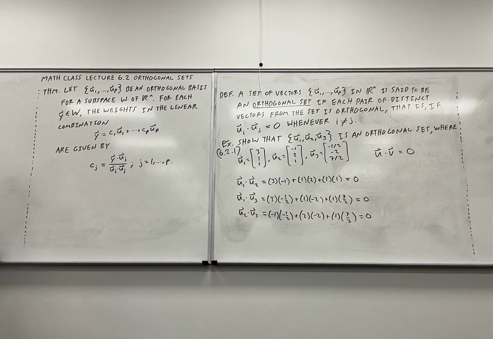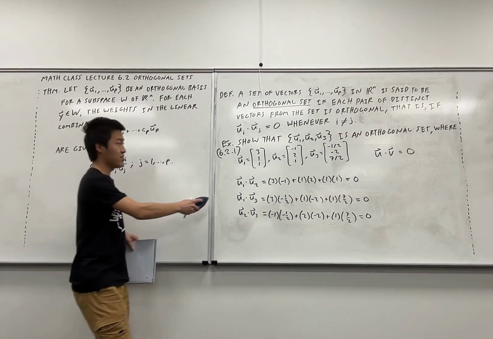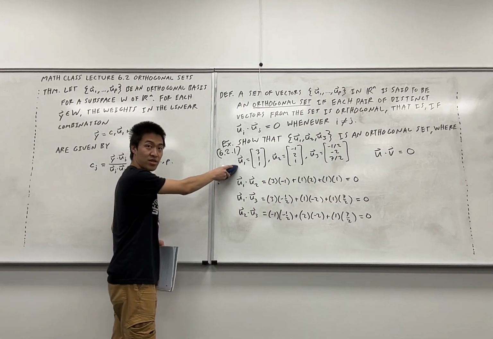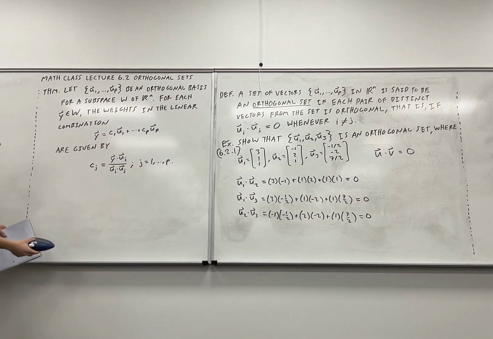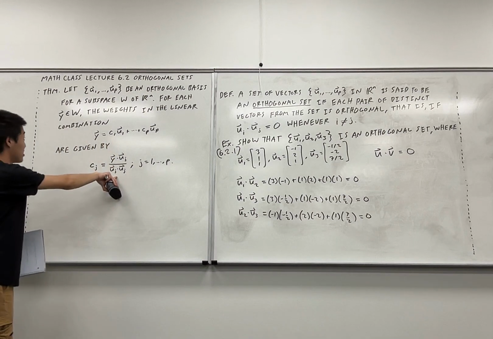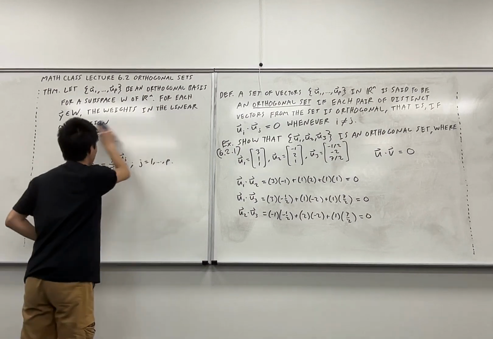So let's do an example of that. I'm going to reuse all of these vectors so you don't have to write down more information, okay? And I will also reproduce this formula in a second so that you don't have to have it memorized.